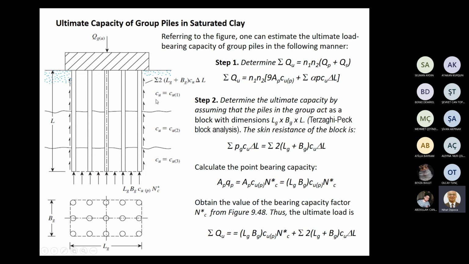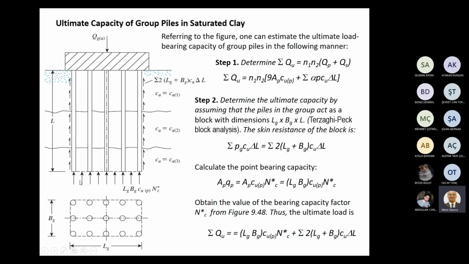When we have more than one layer, we have to use the shear strength of every layer, and the cumulative sum of this equation will give you total side capacity or skin resistance of this block.